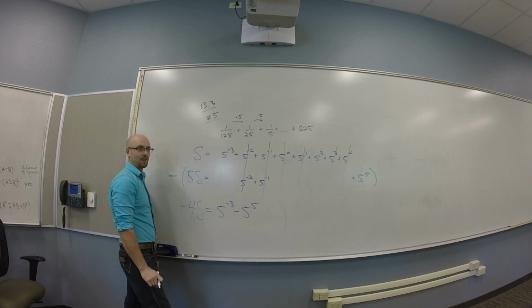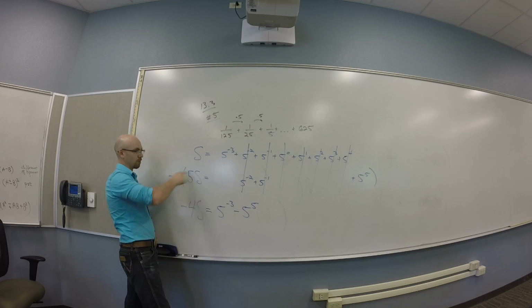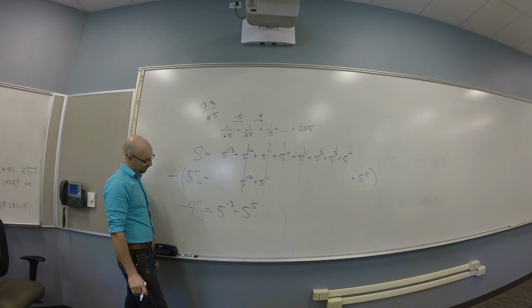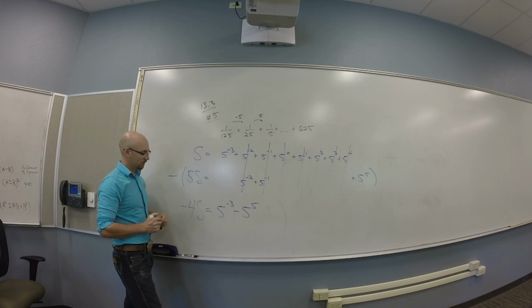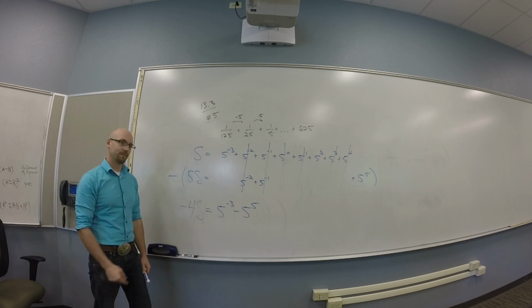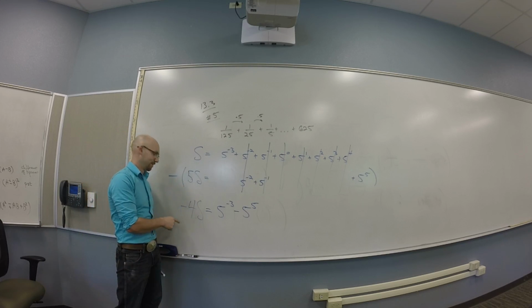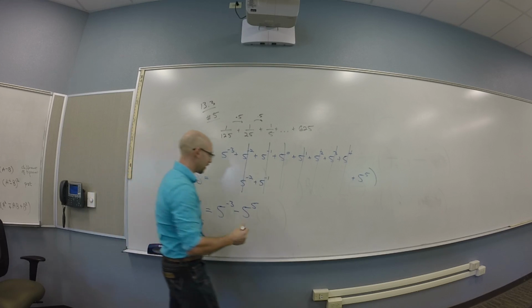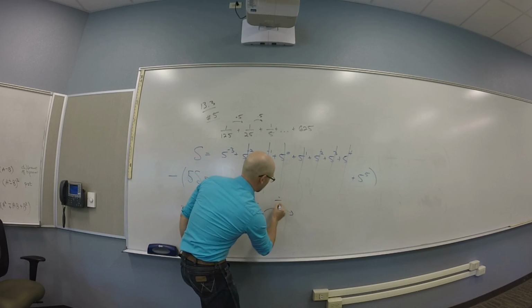Why is it minus? Because we were subtracting all of that. So I got here, minus 4S is 5 to the minus third minus 5 to the 5th. So I've got to get the 4 out of there. How do I do that?